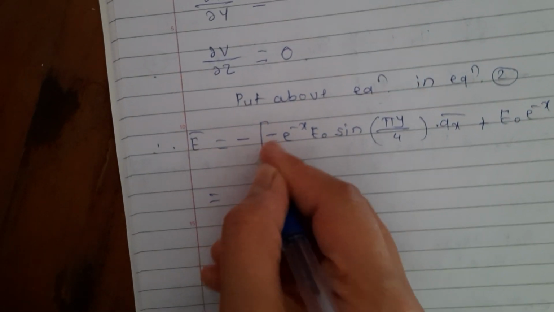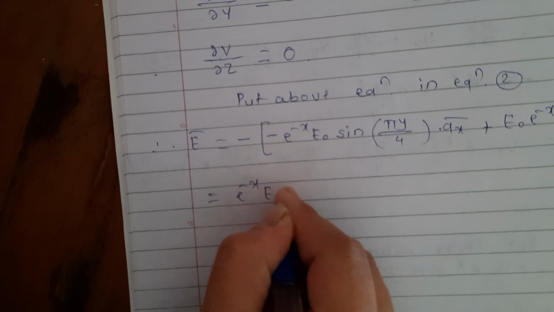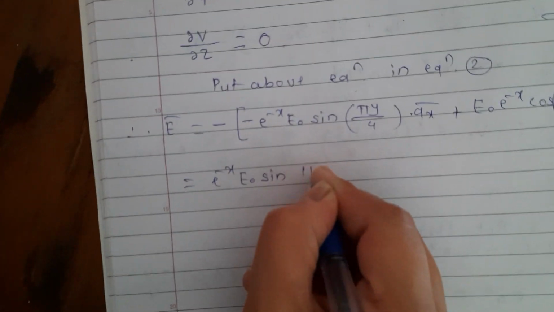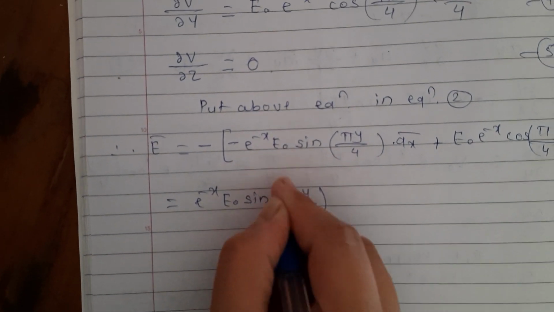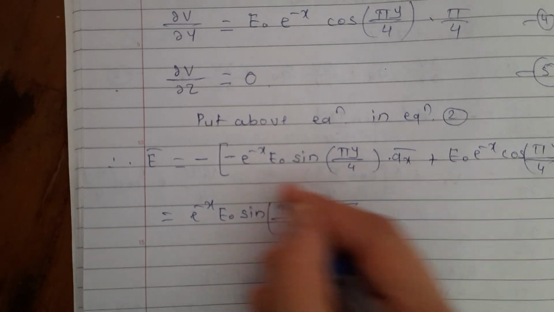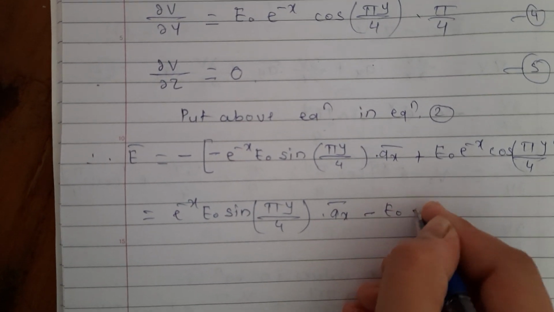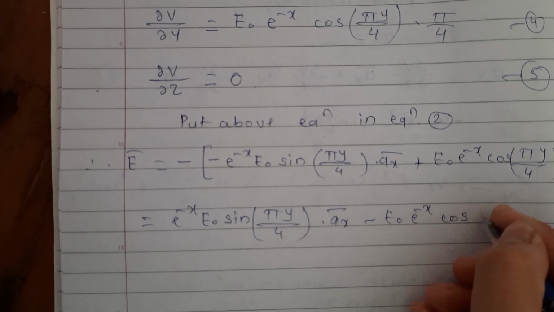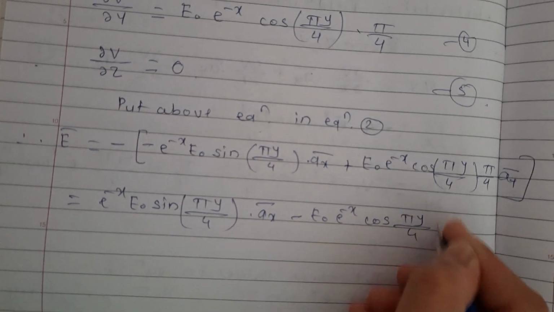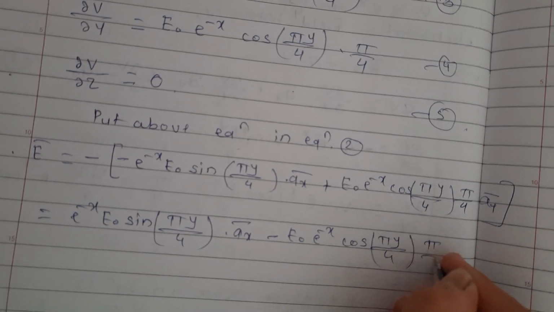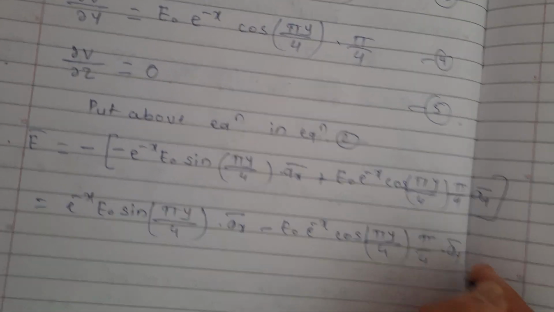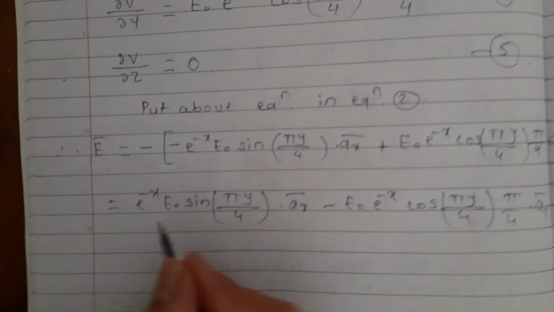So it is minus minus plus: e raised to minus x E0 sine of πy by 4 ax bar minus E0 cos of πy by 4 ay bar.